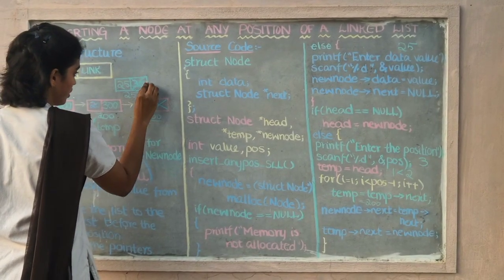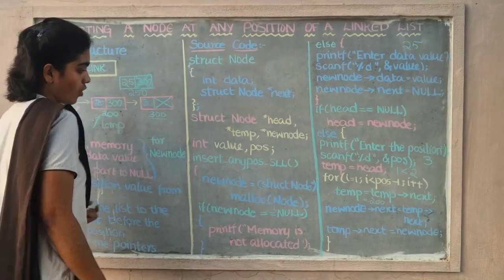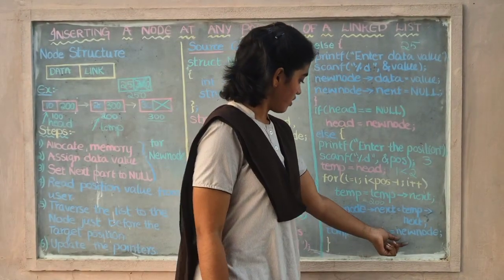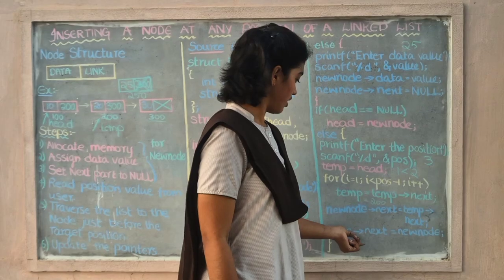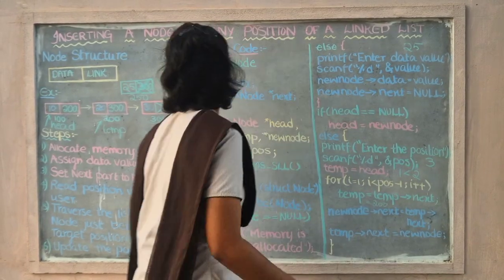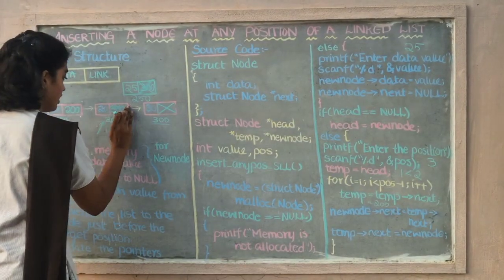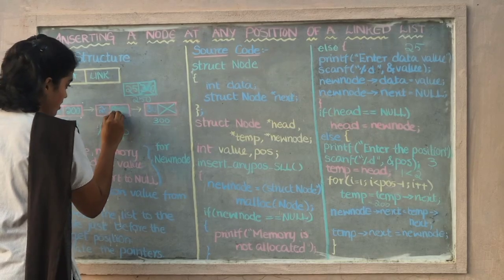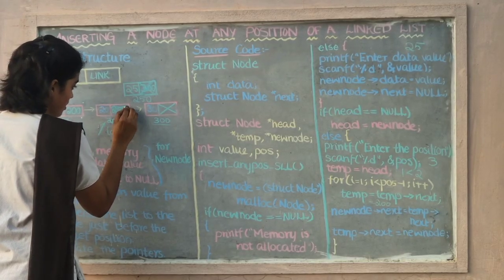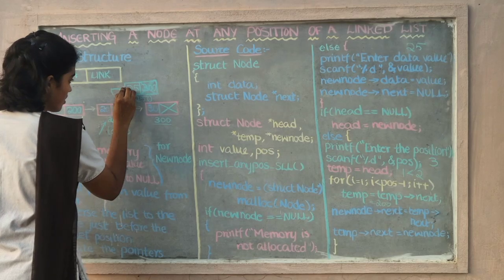It is updated to 300, and also new node memory address should be assigned to the next part of temp. That means here 250 is updated and the insertion is successfully completed.